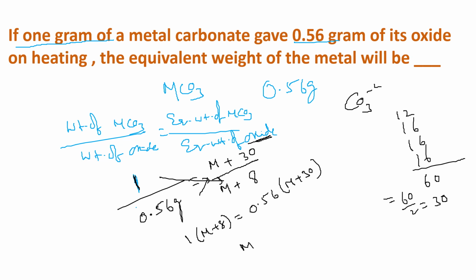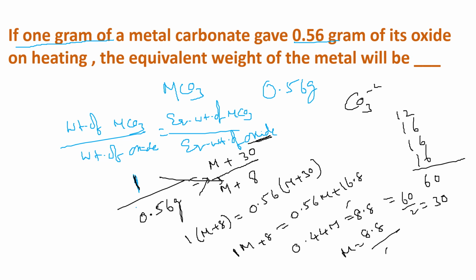Indirectly, M plus 8 is equal to 0.56 M plus 16.8. So 0.44 M, because you take 1 M, is equal to 8.8. Finally M is equal to 8.8 divided by 0.44. Finally you will get the equivalent weight of the metal as 20.